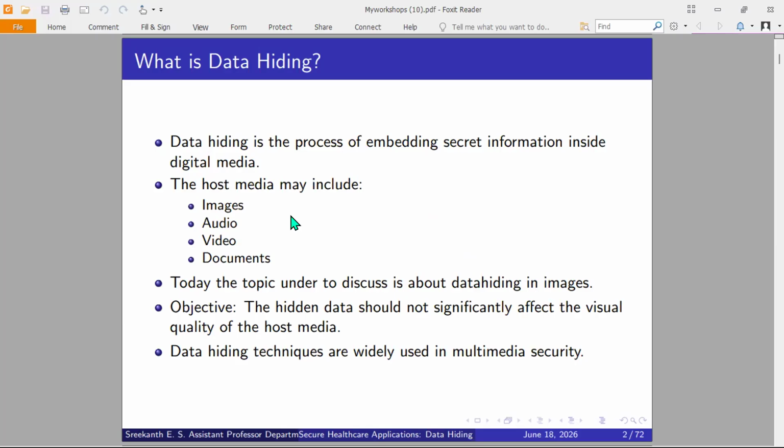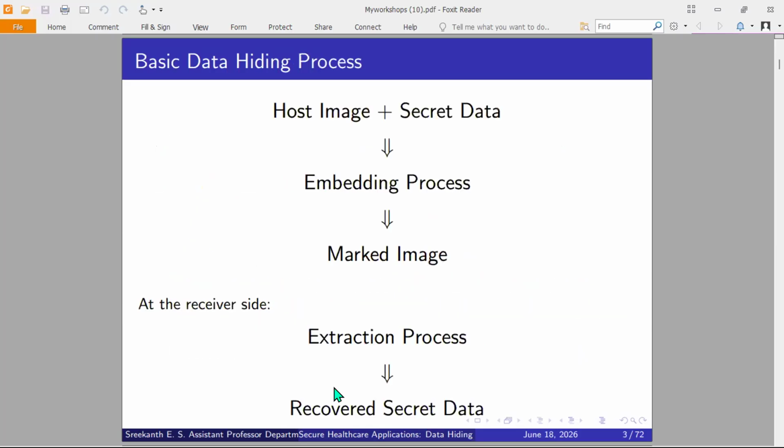Normal data hiding is, as I told, that the secret data will be recovered, but there is no guarantee about the cover image. In medical images, we deal with the cover image also.